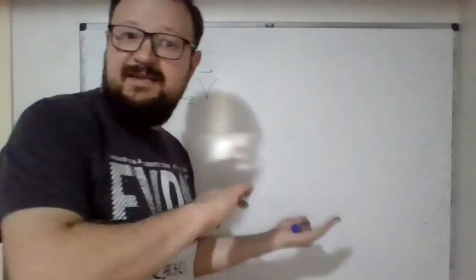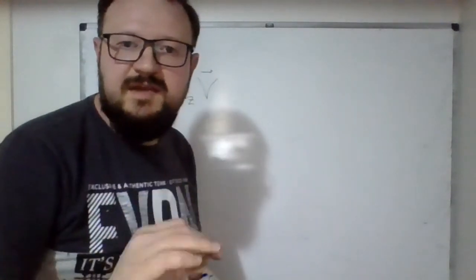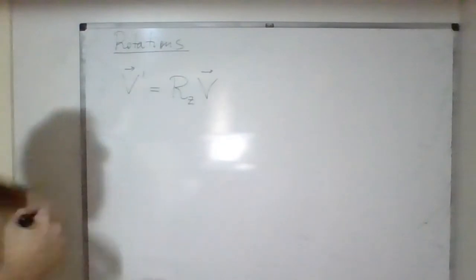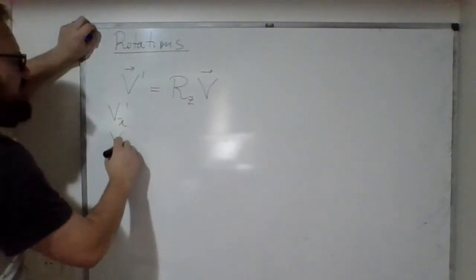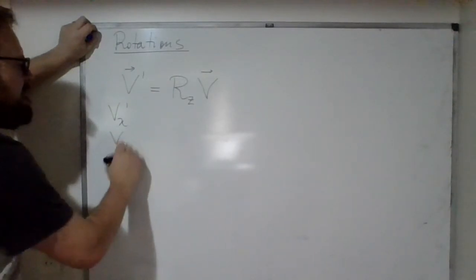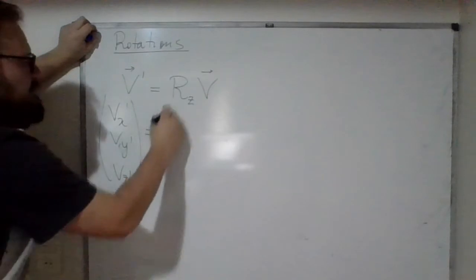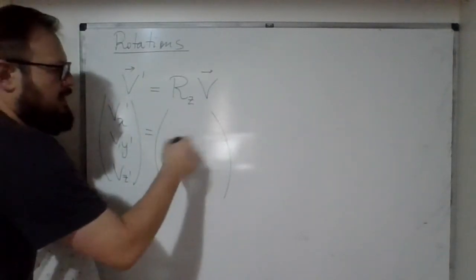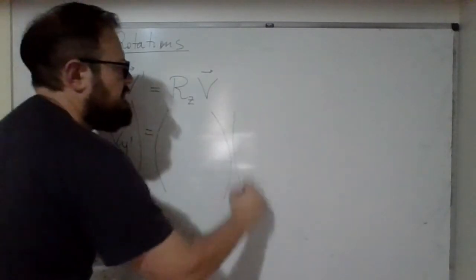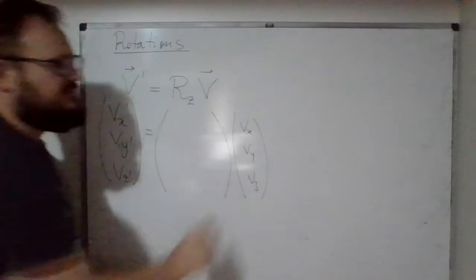We will rotate the vector and keep the coordinate system unchanged. So you have an equation of this form: Vx primed, Vy primed, Vz primed must be represented by some matrix here, some components, times Vx, Vy, and Vz, the original vector.